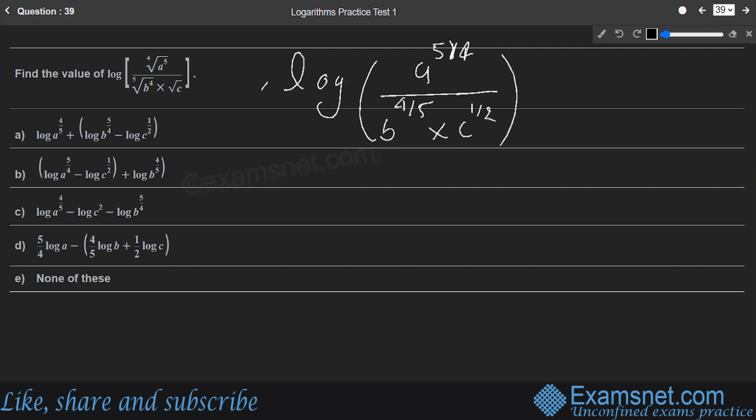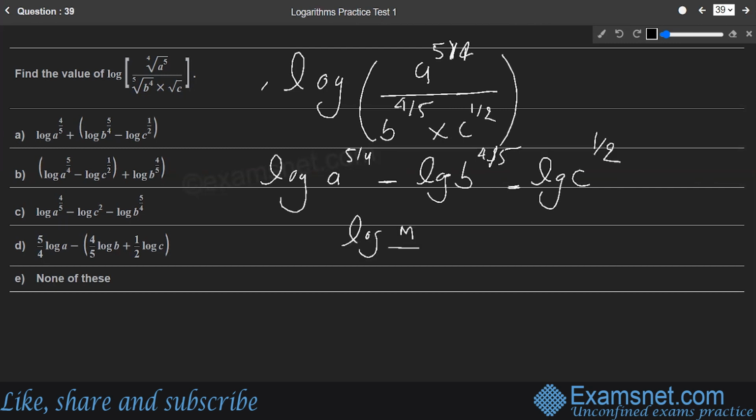Now if we try to use that property, what is it going to be? Log of a to the power 5 by 4 minus log of b to the power 4 by 5 minus log of c to the power 1 by 2. How has this happened? Because log of m over n is always log m minus log n.